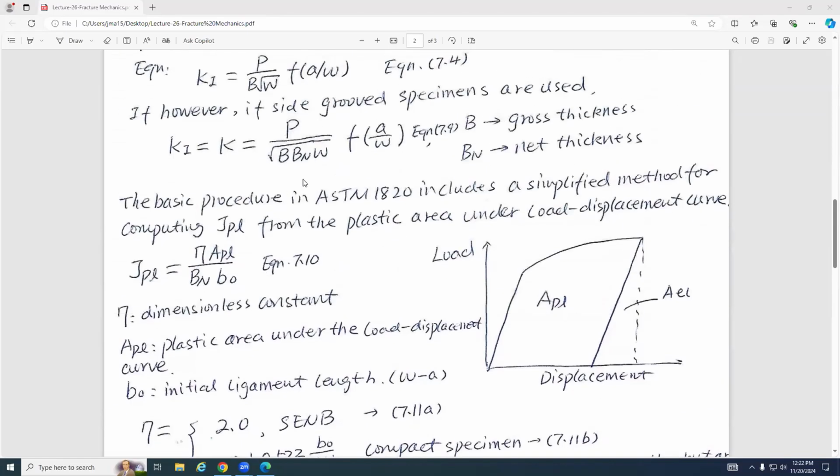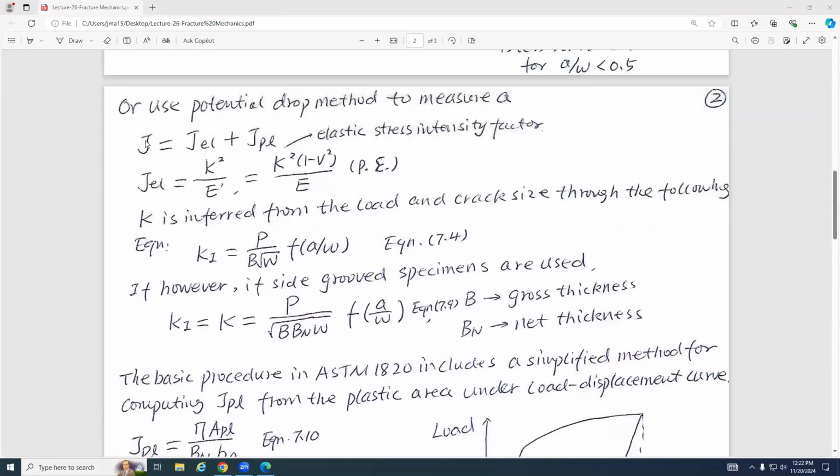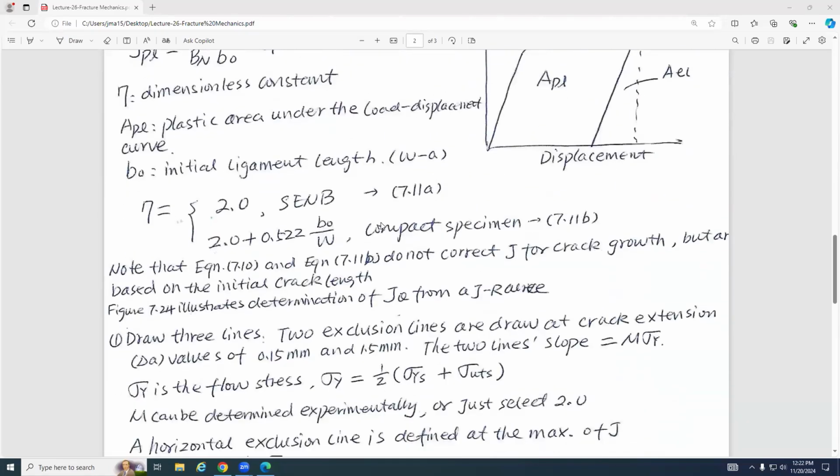If there's a need, you should know which equation to use and how to calculate the J, from this JEL and also JPL. For JPL you need to do the experiments, and for JEL you can use this equation to get it. We will not do experiments, but I still want you guys to know that.